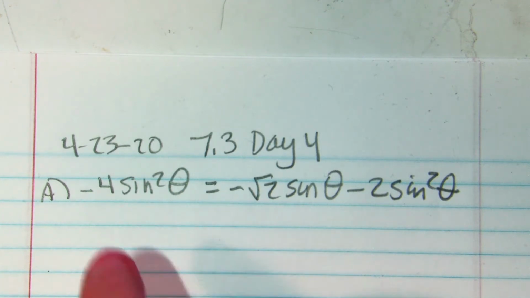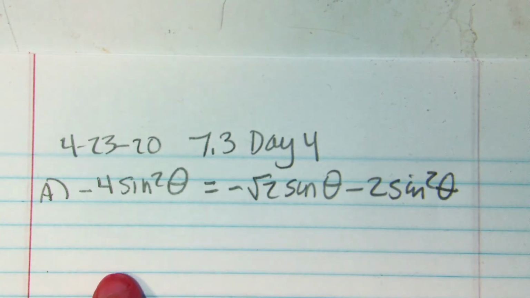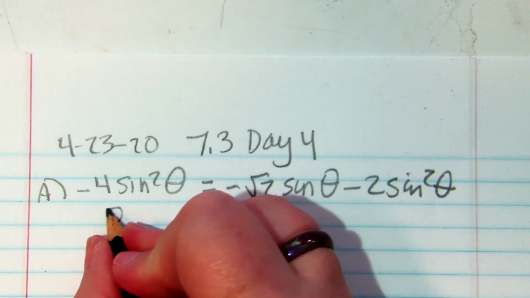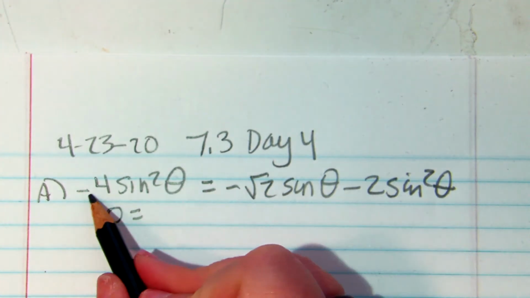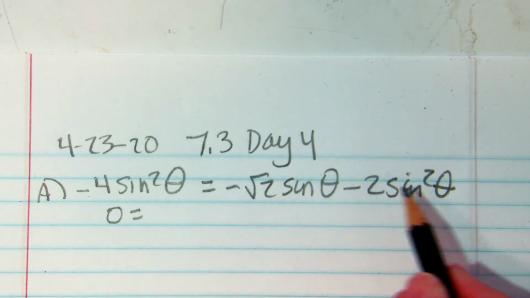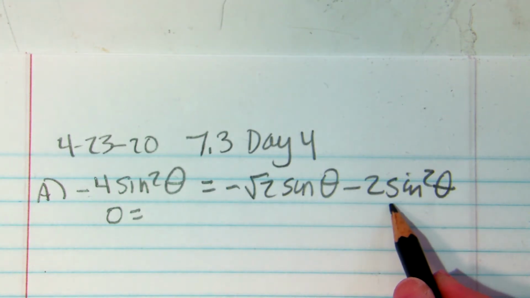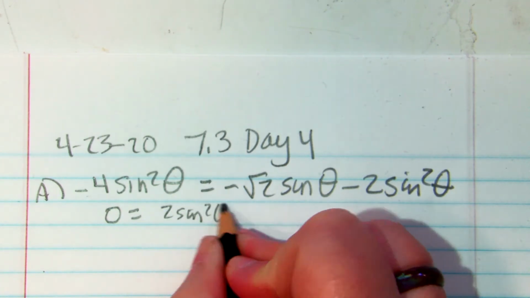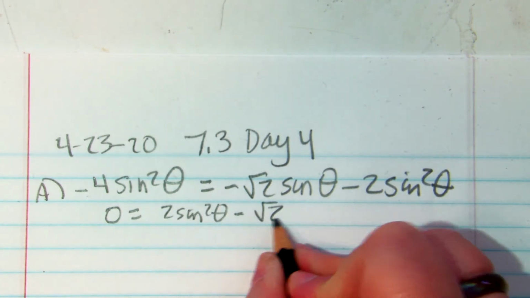We should move everything to the same side, and I don't like this negative right here, so we're going to move everything to the right. This is 4 sine squared theta plus negative 2 sine squared theta, which is 2 sine squared theta minus rad 2 sine theta.